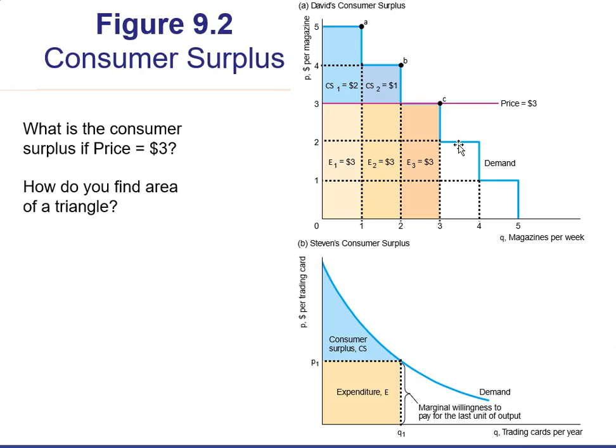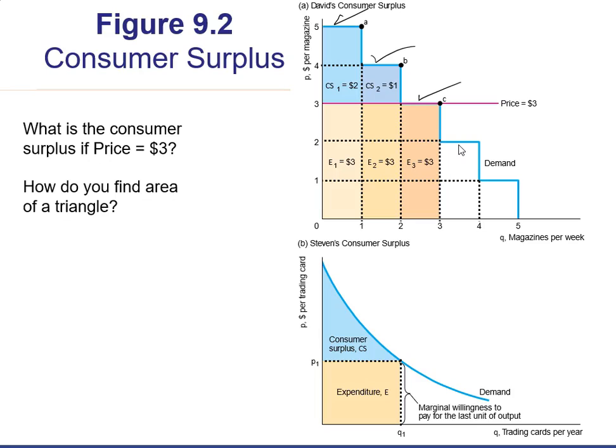For the first unit, since they're willing to pay 5 and the price is only $3, the consumer buys that one. For the second, they're willing to pay 4 but the price is only 3, so yes, they buy that one. The third one, they're willing to pay 3, the price is 3, yes, they buy that one. The fourth one, they're willing to pay 2 and the price is 3, they don't buy that one.